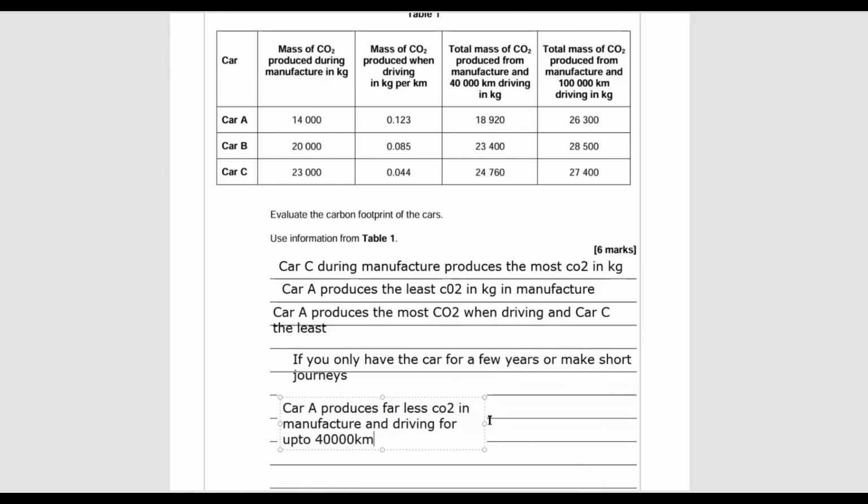So basically, if you're not driving the car a lot, if you're just taking it to the shops every now and again, you're not going on big journeys, maybe you'll only do 40,000 kilometers over 5 years or something, you're not using the car a lot, then car A is definitely the way to go, because look, it only makes 18,920 compared to 24,760 for car C, and car B is a little bit more.